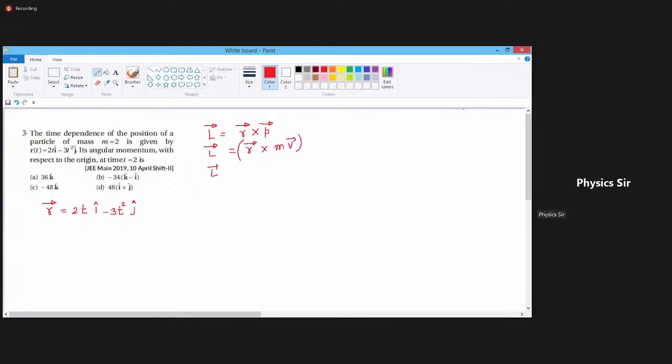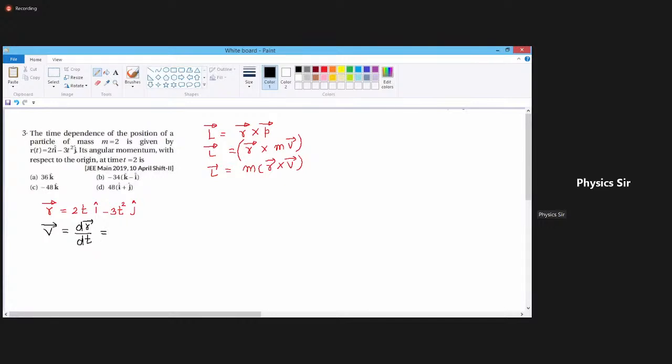So I can say the angular momentum will be m vector r cross vector v. So there is r. I want the velocity. So what is the velocity? The velocity vector v is dr by dt, rate of change of displacement.